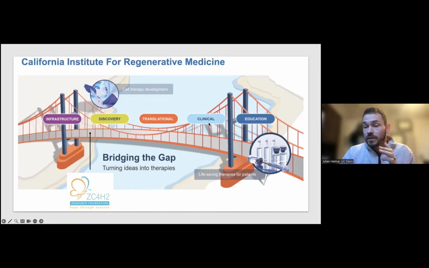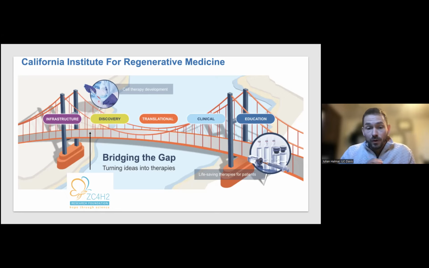They fund all the way through phase 2 clinical trials directly in California, as long as there is a patient population present in the state of California. Generally speaking, the way our lab has done this in the past is we use pilot awards, such as the ones we have received through the ZC4H2 Research Foundation, to start generating these seed data sets that we can then hopefully use for bigger applications that allow us to go through this pipeline.